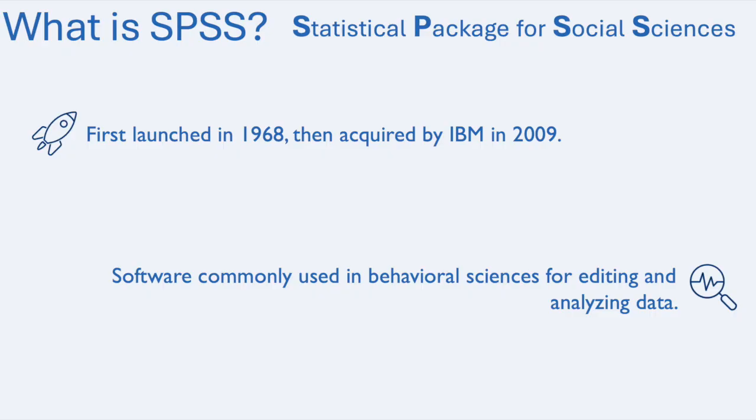So, the way this program was started was actually because of the behavioral sciences field. Behavioral sciences, such as psychology, really wanted a program that would allow them to compare and contrast their similarities that were occurring in their fields. So that is how it got started.